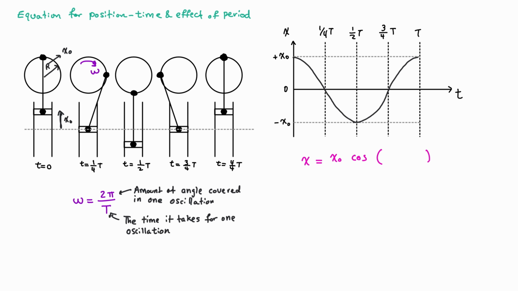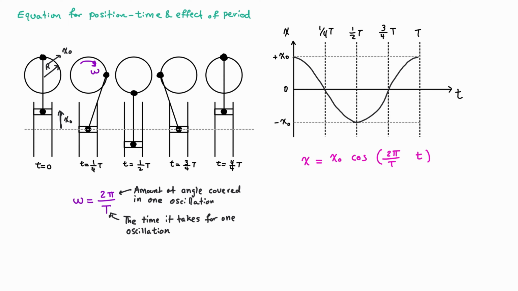Well, the x-axis here is t, or time, and in order to fulfill one oscillation in which we cover the entire cosine graph, which starts with 1, goes to -1, and comes back to 1, we have to travel 2 pi radians, and the amount of time it takes for that is the period. So that's our equation, actually.